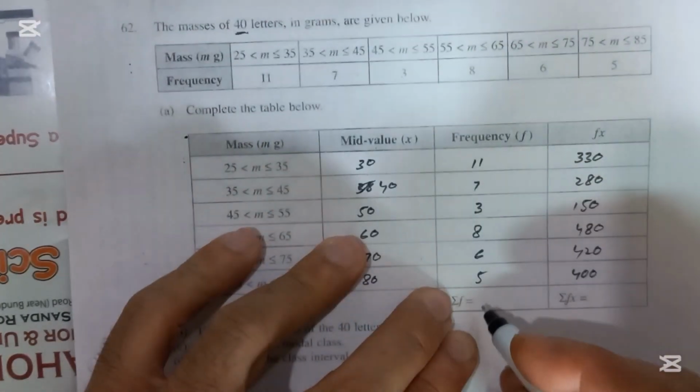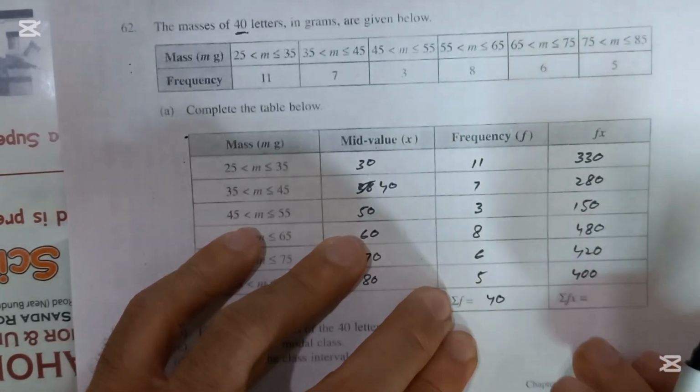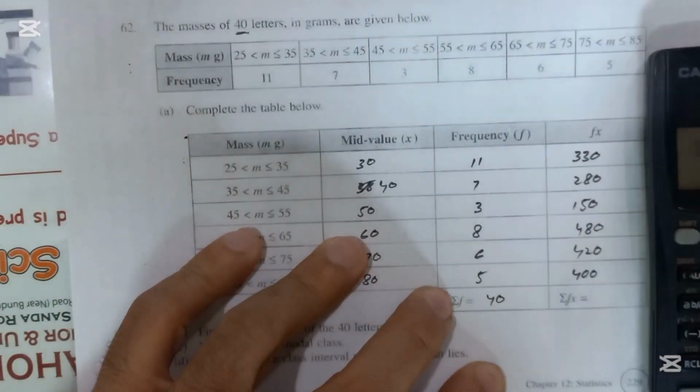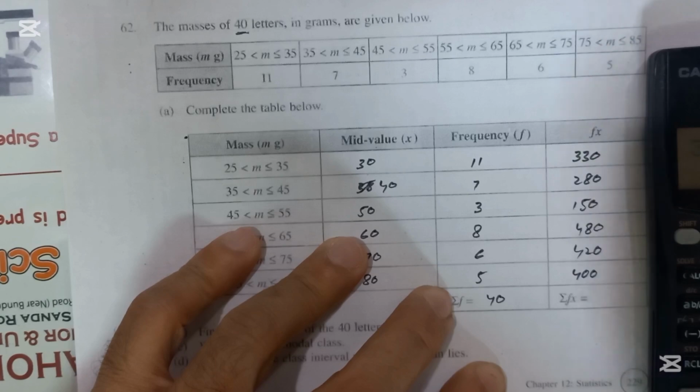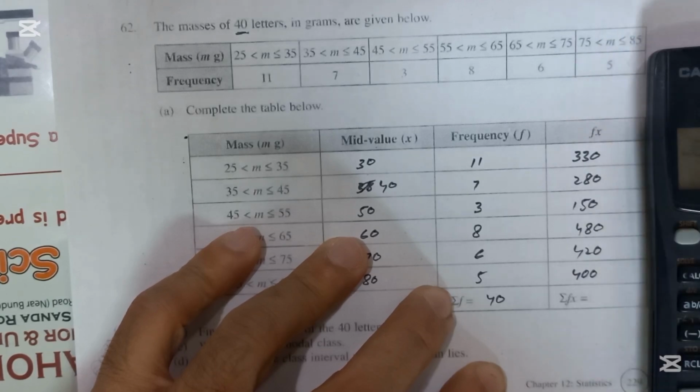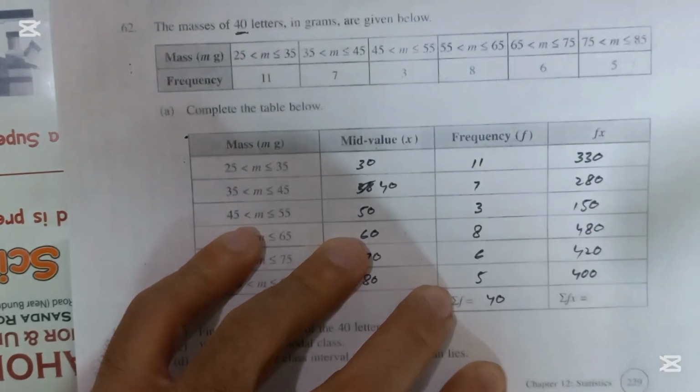This is telling because we need to tally the values. Now summation of these values: 330 plus 280 plus 150 plus 480 plus 420 plus 400. It will be equal to 2060.